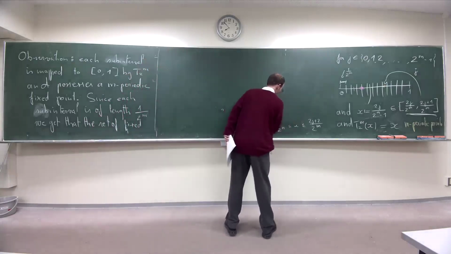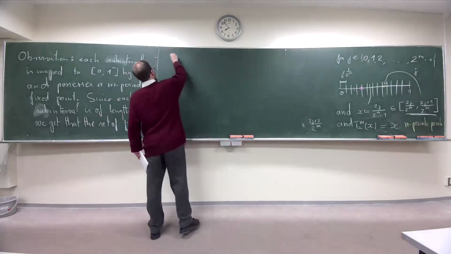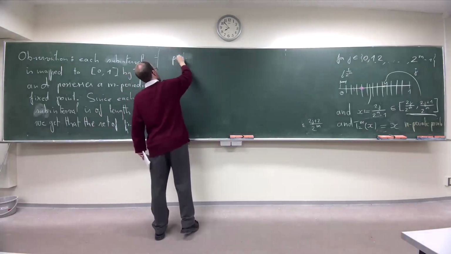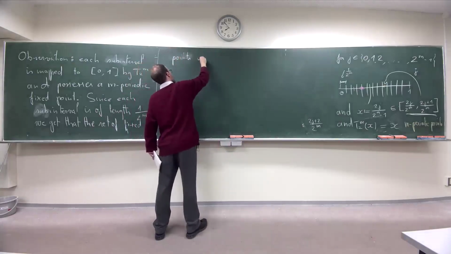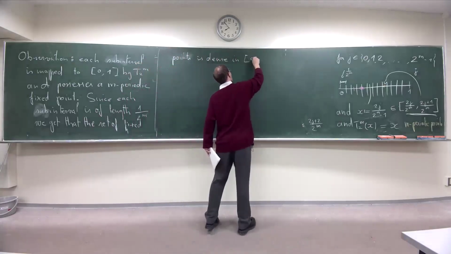Because in each subinterval, we have at least one. The set of fixed points is dense in 0, 1.